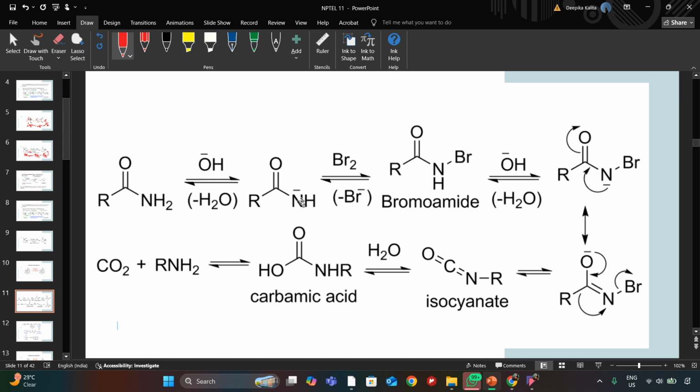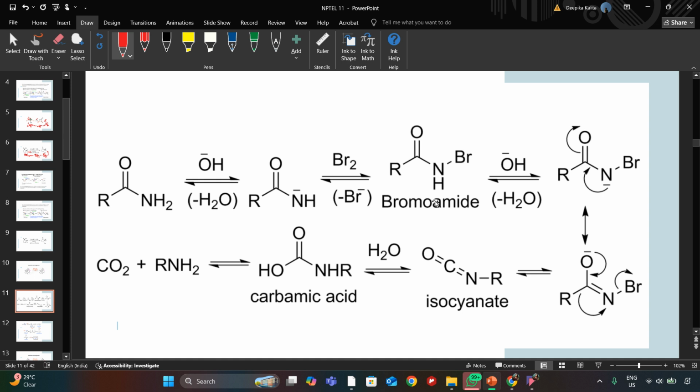Now, the negative charge is going to react with bromine in the reaction medium, and a bromide is going to be knocked out. And the product formed is going to be this bromoamide.